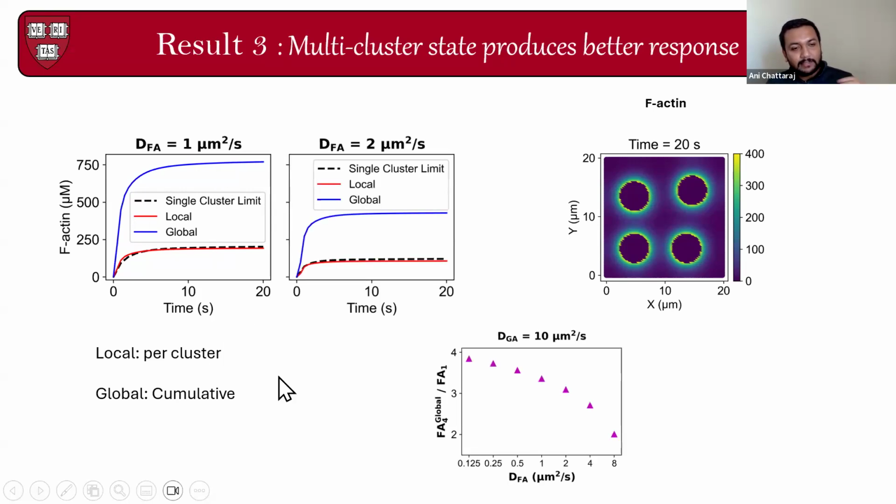And again, this gain in global F actin production is a function of the diffusion constant of G and F. So that is the interesting summary: by doing this kind of clever simulation, we can answer questions like which one is functionally more important, the single cluster versus more clusters.